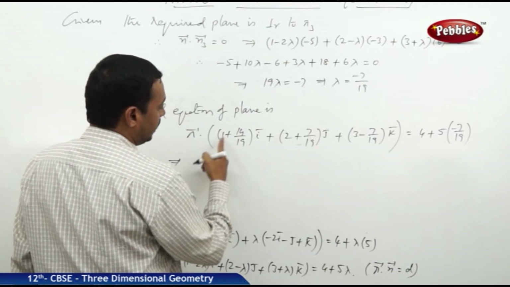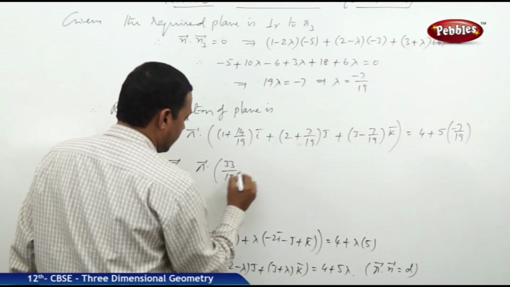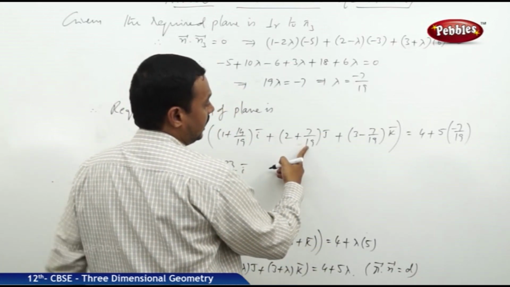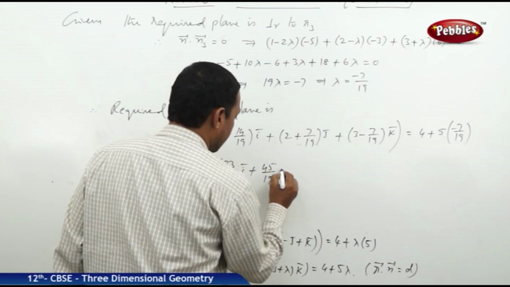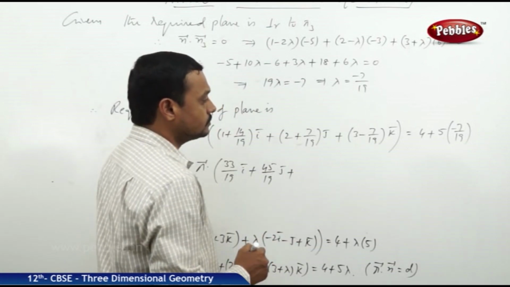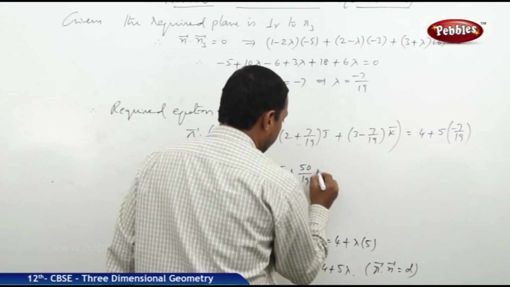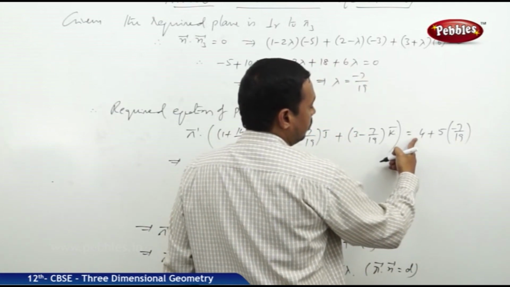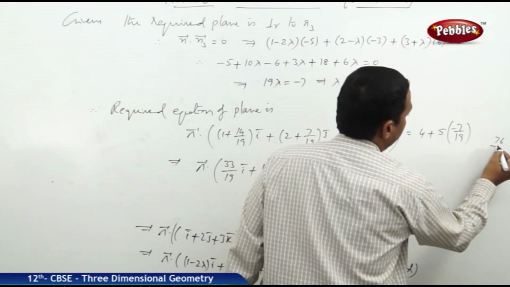What is that? 19 plus 14 is equal to 33. 33 by 19 I vector, and it is 2 19s, 38. 38 plus 7, 45. 45 by 19 into j, plus 3 into 19, 57. 57 minus 7, 50 by 19 into k vector is equal to, now here we take LCM, 4 19s, 76 minus 5 into 7, 35.